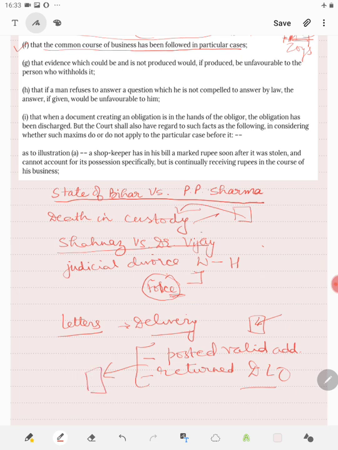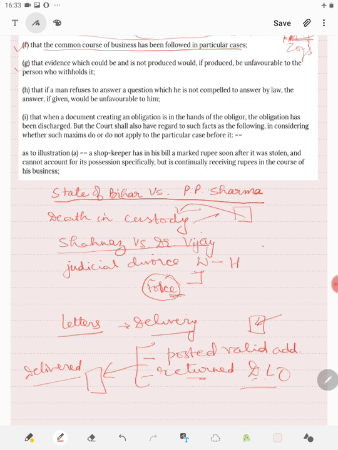Where a letter is shown to have been posted and is not returned through the dead letter office, the presumption is that it has been delivered. So that is F.